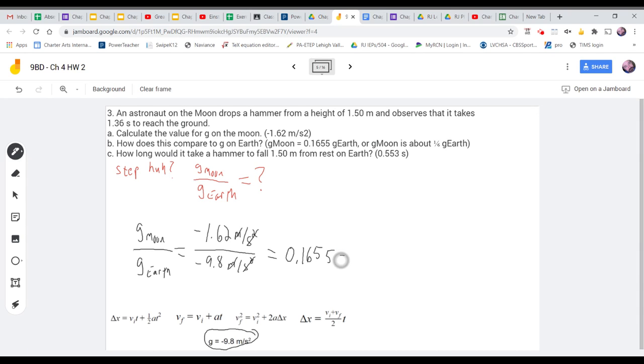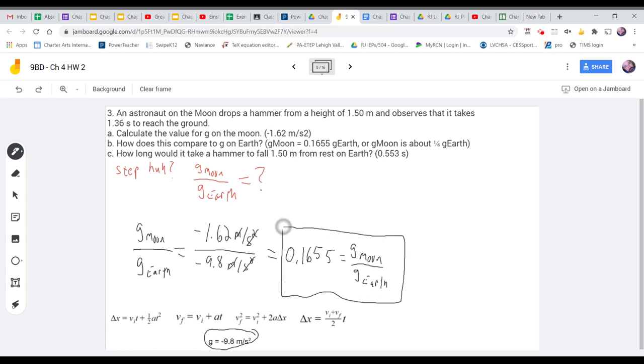So that is, let me make this a little bit clearer, the ratio of g on the moon to g on the Earth. That totally could be your final answer.